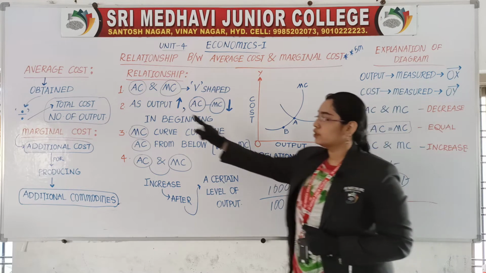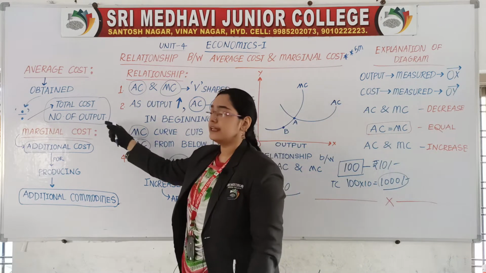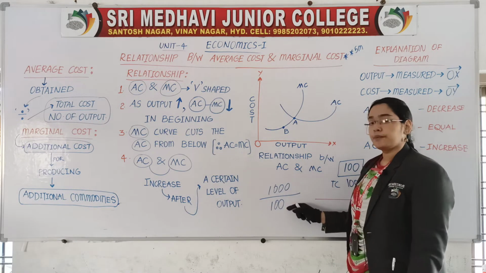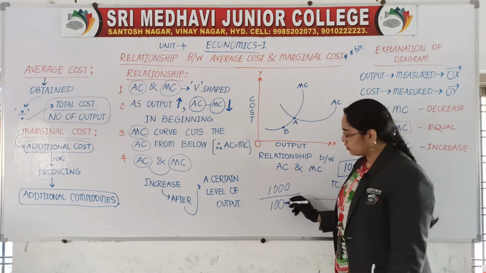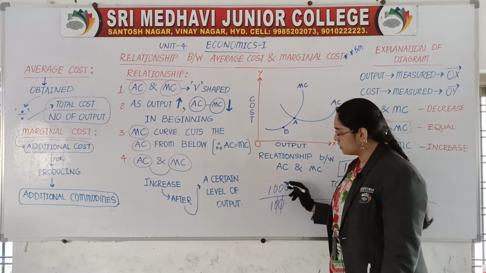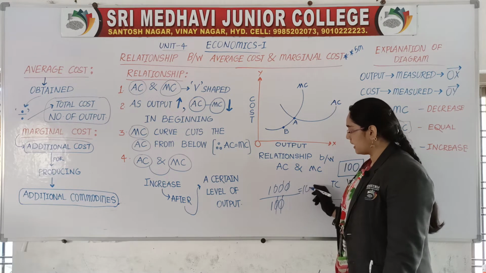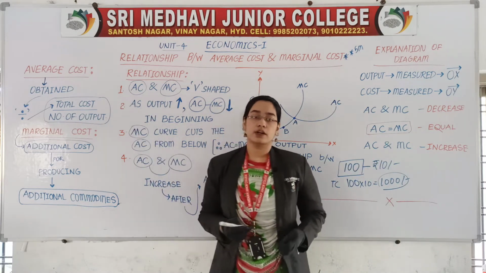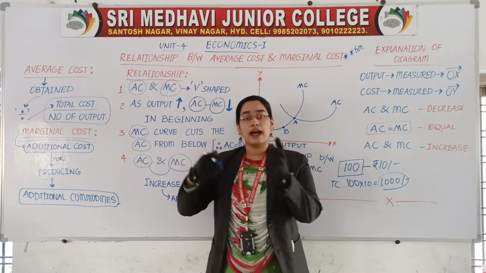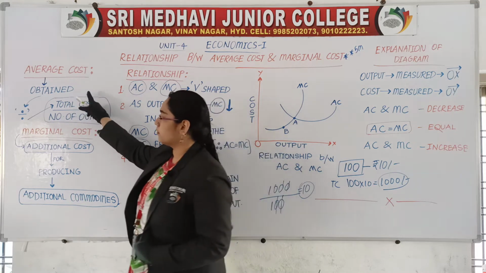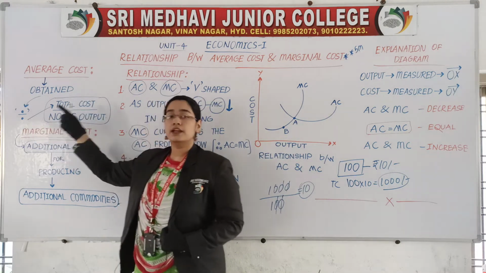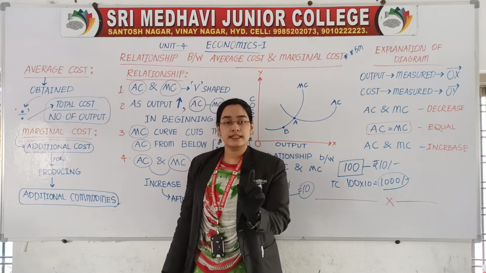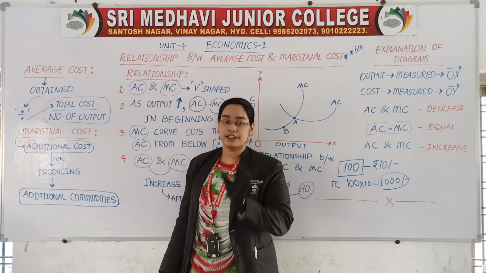If I cancel the zeros, what is left? 10. 10 is nothing but our average cost. Is that clear? So average cost can be obtained by dividing total cost by number of output. This is the definition for average cost.